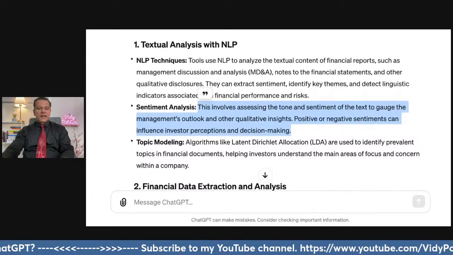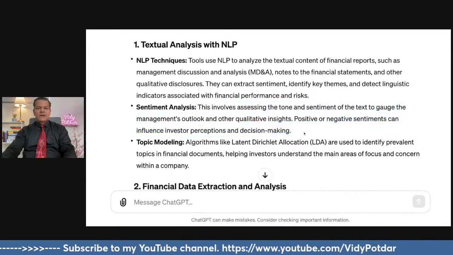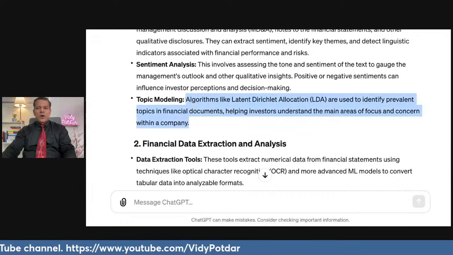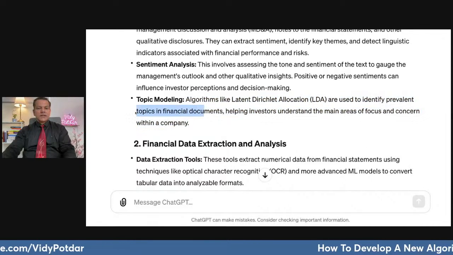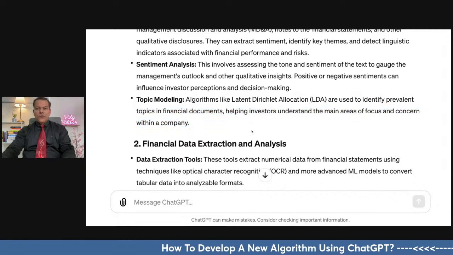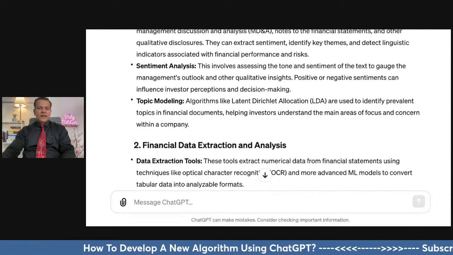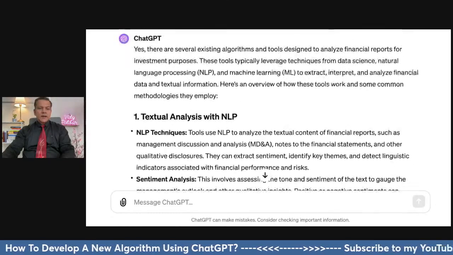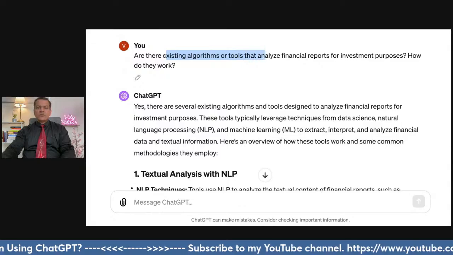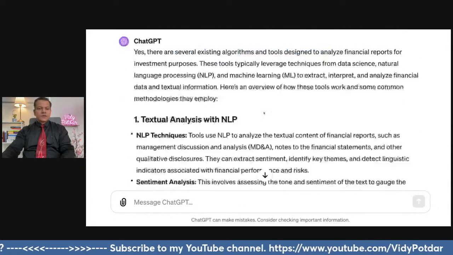Is it positive or negative? Because that can influence investment decisions. Topic modeling can be done to identify prevalent topics in the financial document, helping investors understand the main focus and concern within a company. So this is one approach. So remember, the question was, what are some of the existing algorithms or tools for analyzing reports? So this is one.